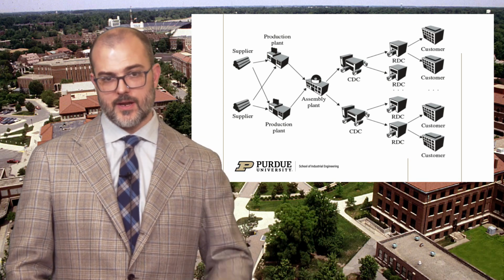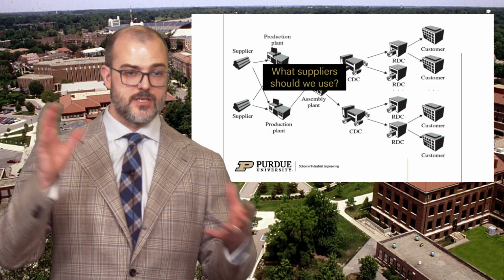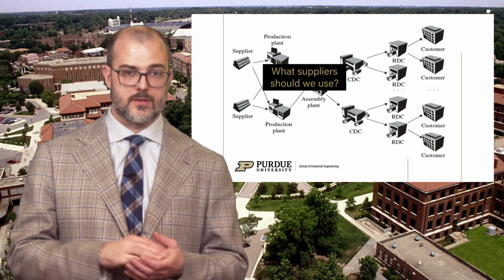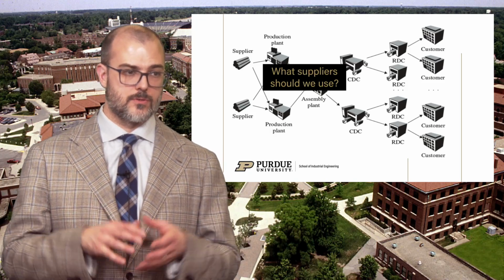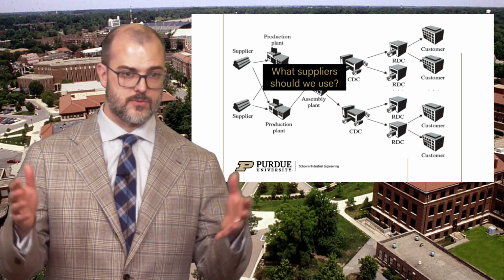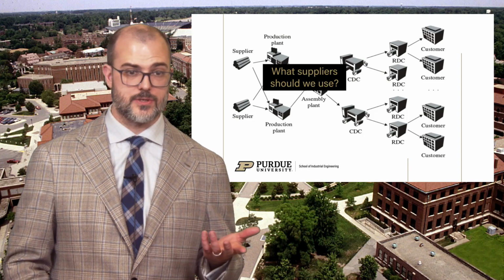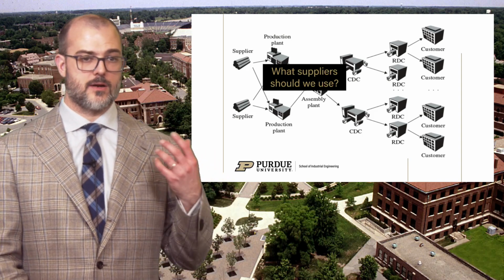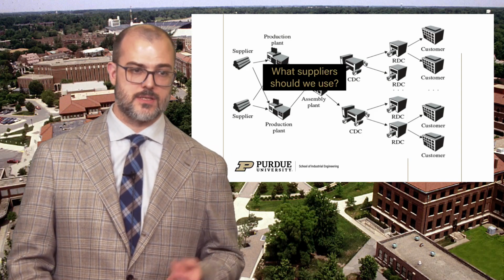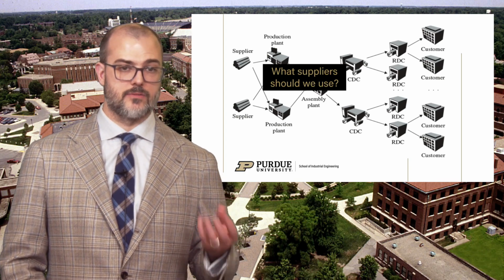So I want to elaborate on another piece, just for the sake of thinking about additional problems that IEs would care about: what suppliers are we going to use? So not just what materials, but who provides the materials to us as we build the system and operate the system over time. It's a major question. Selecting suppliers, managing relationships with suppliers, et cetera, all requires a lot of design activity and management activity.